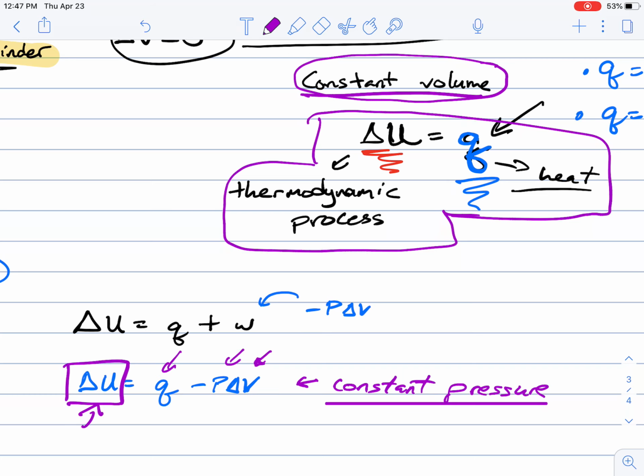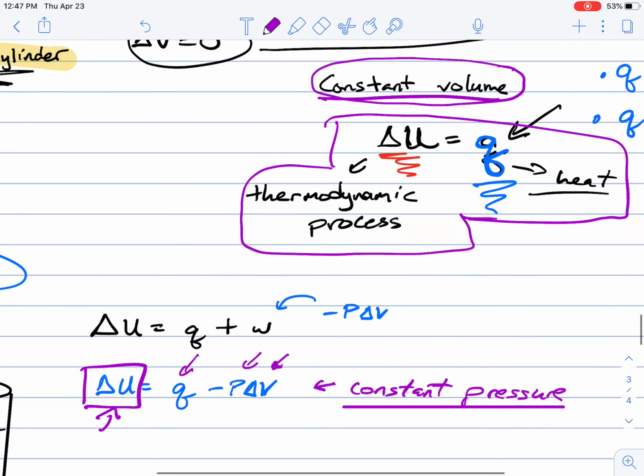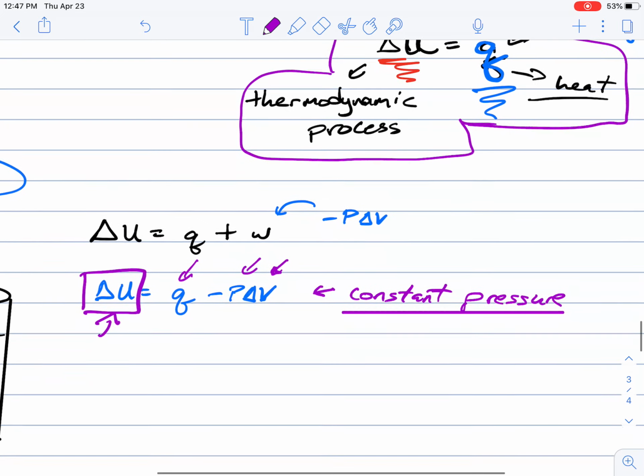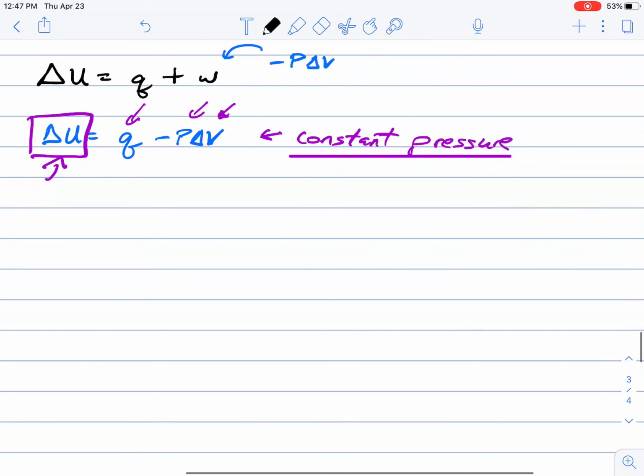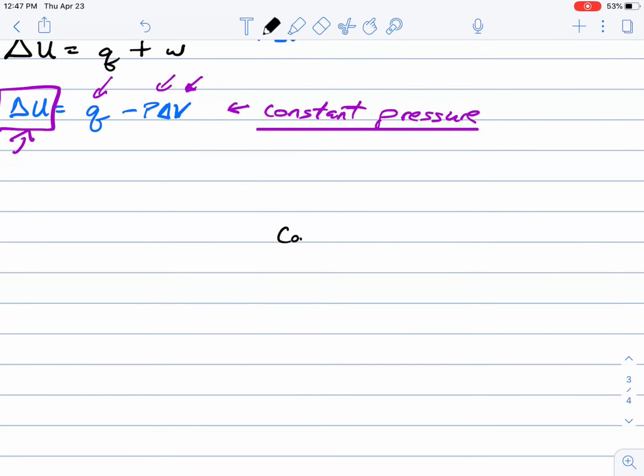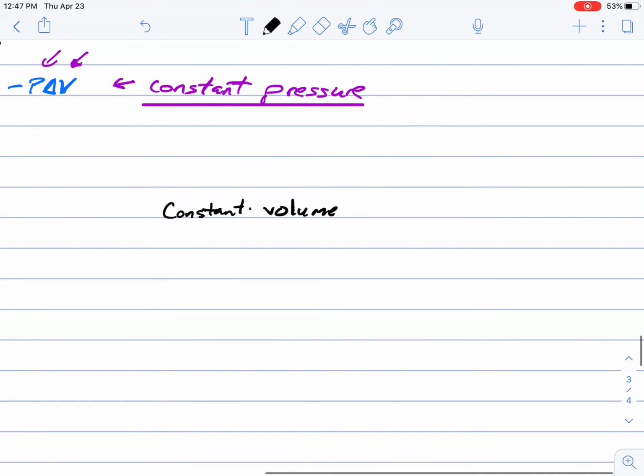My main point for doing these derivations is that under constant volume, we can define heat as the change in internal energy. So we're kind of looking at it in reverse.